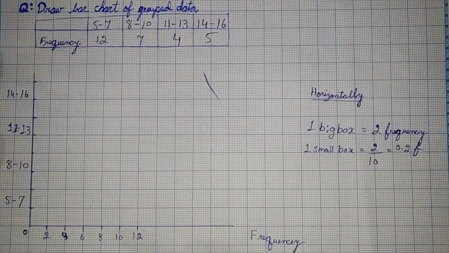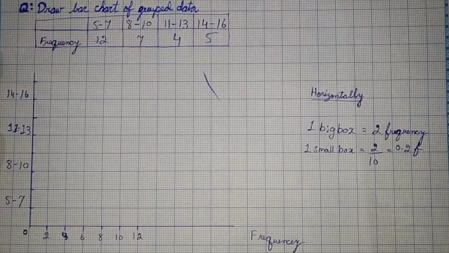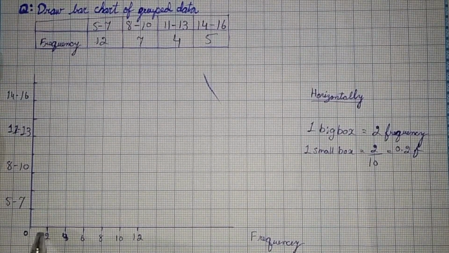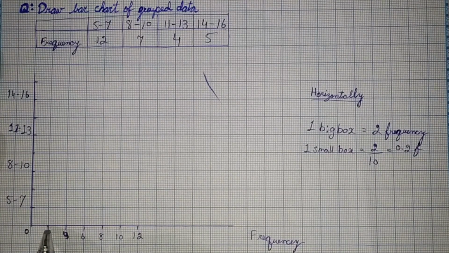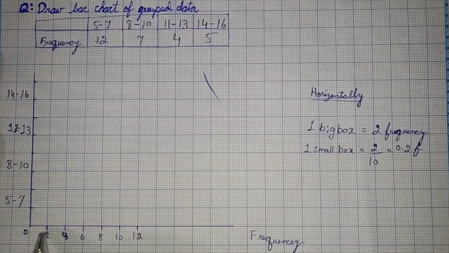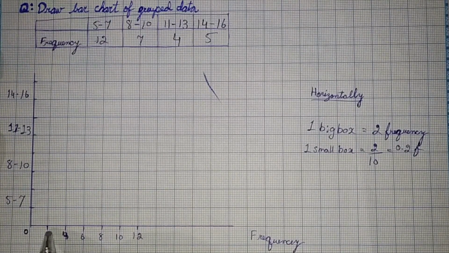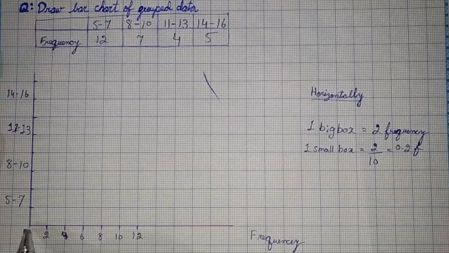Actually, one big box has a gap of 2, or we can say a gap of 2 in 10 small boxes, because one box contains 10 small boxes.